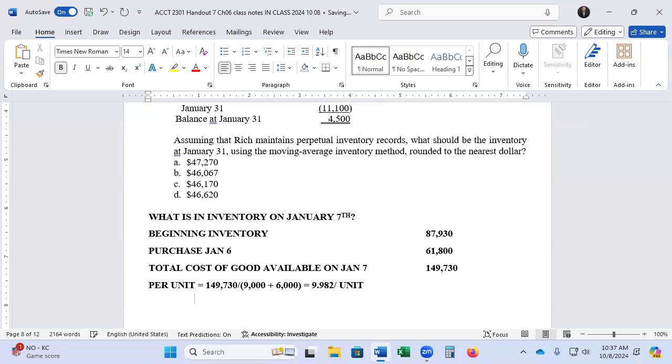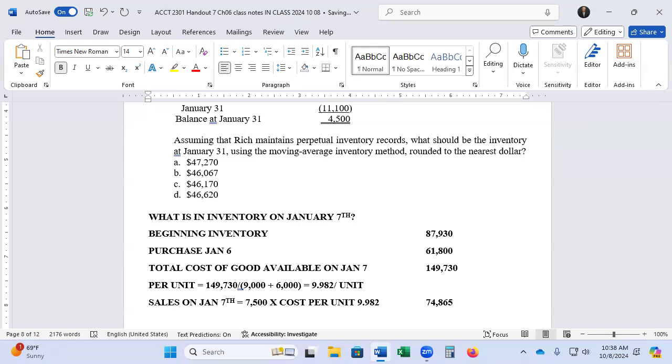And so our sales on Jan 7th equals 7,500 times our costs per unit, which would be 9.982. And it comes out to exactly half, 74,865, right?